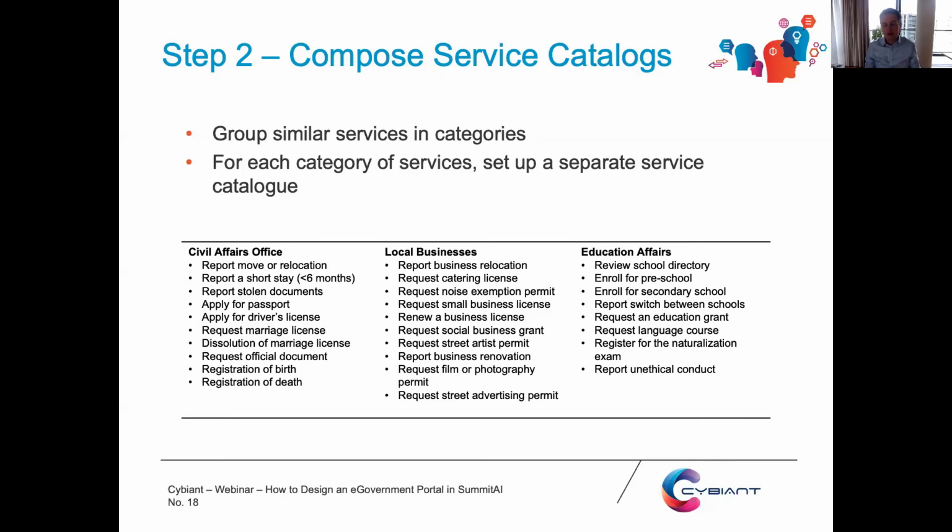So for instance, if we look at the left hand of the slide, we see a number of common civil affairs offices: applying for passports, applying for driver's licenses, requesting marriage licenses, all have to do with civil affairs. And very similar to the example that you see here, you can start to build service catalogs for different government departments. That's really useful because you can still keep the different departments, but they each manage a different section of the service catalog. And they also own the services that are in that service catalog themselves.